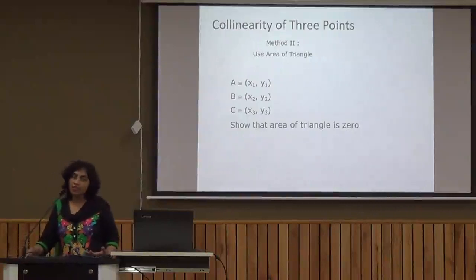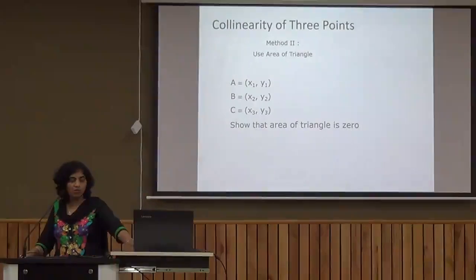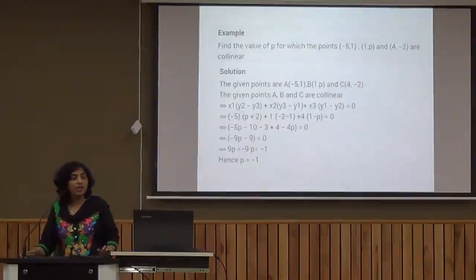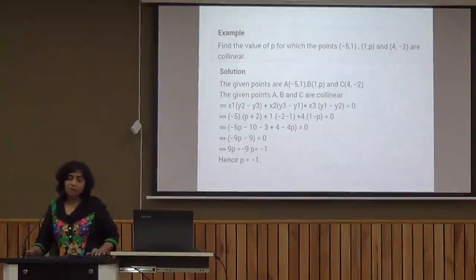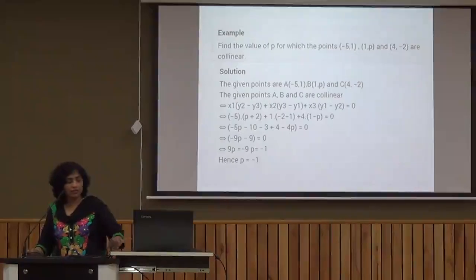If we get the area of the triangle as 0, then they are collinear. Let's see an example. Find the value of P for which the points (-5, 1), (1, P) and (4, -2) are collinear. We put all the values in the formula of the area of the triangle and we get P as minus 1.